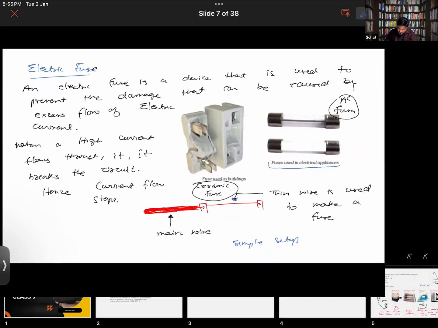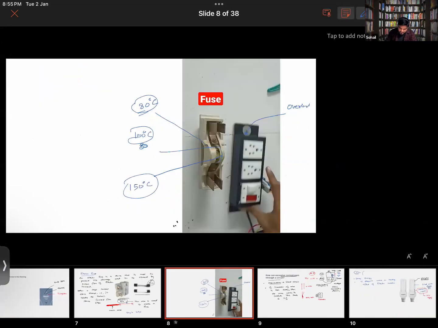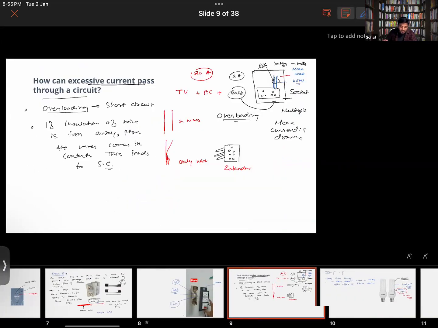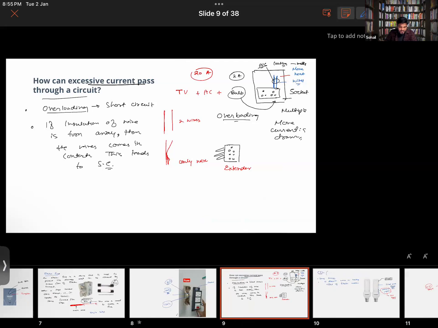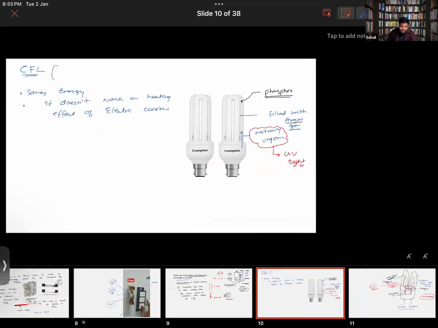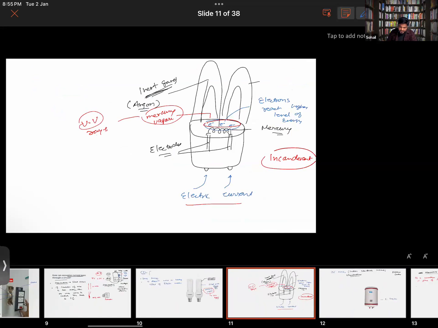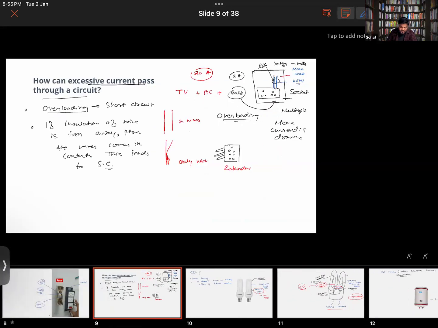Then we moved on to talk about how excessive current can pass through a circuit. It will be either due to short circuit or due to overloading. We also talked about how bulbs have evolved over the course of time, and a little bit about the functioning of CFLs.